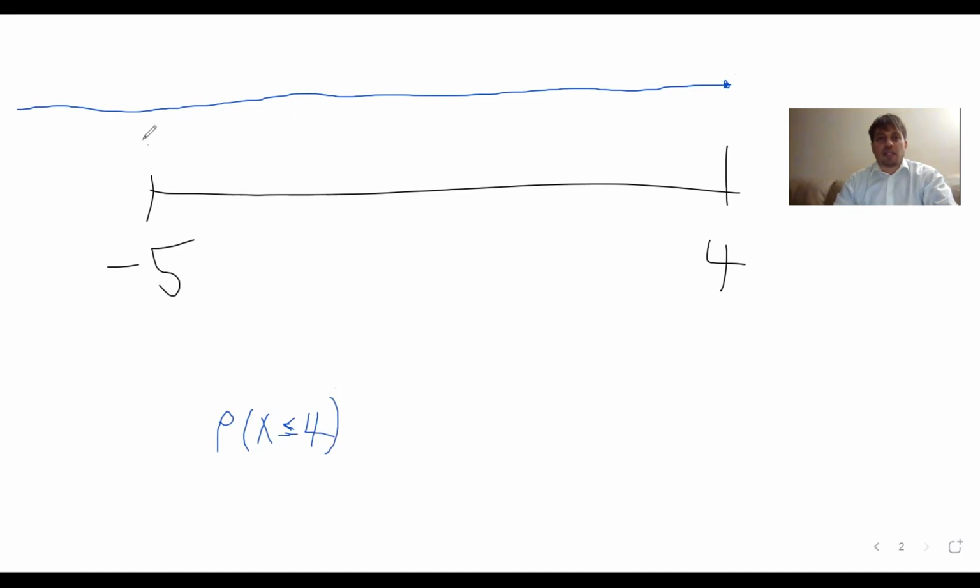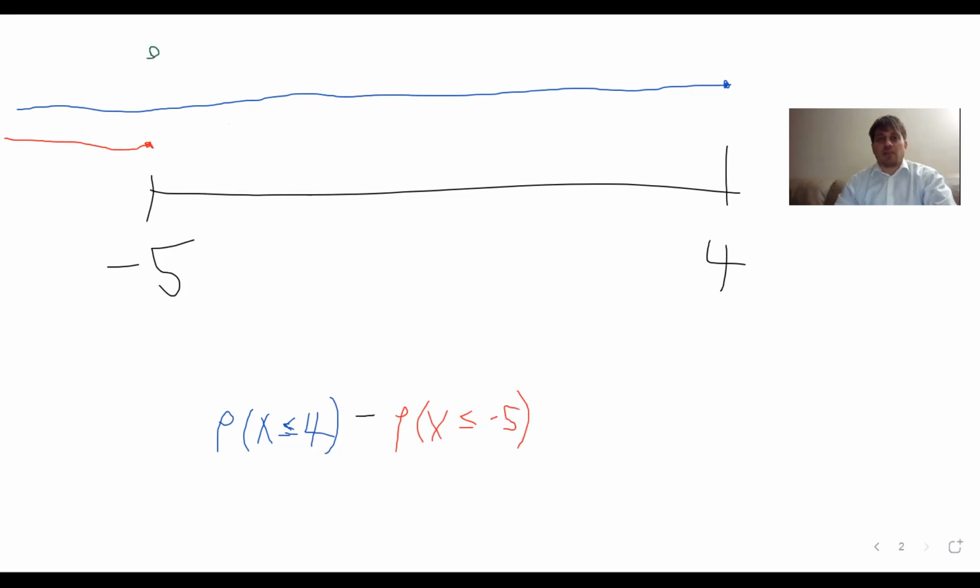But if you subtract from it the probability that x is at most -5, if you subtract the probability that it's in this red region, well, then you're taking the odds of it being in the blue interval and subtracting the odds of it being in the red interval. And so that means that what's left is the probability that it's in blue but not in red.